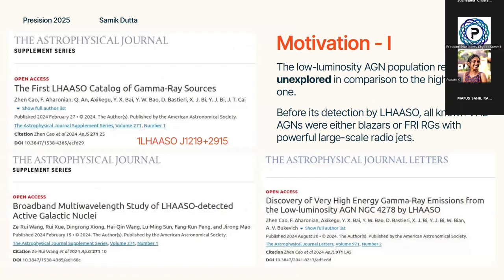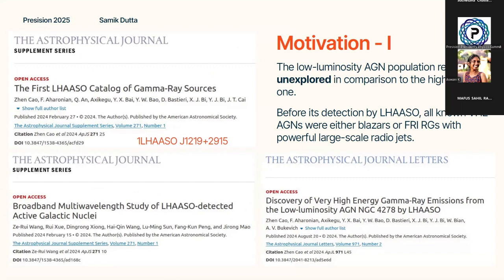So now we come to the crux of the matter. What is the motivation behind our work? The low luminosity AGN population remains largely unexplored compared to the high luminosity ones. In 2023, LHAASO came out with their first catalog of gamma ray sources. LHAASO is the Large High Altitude Air Shower Observatory in Tibet.